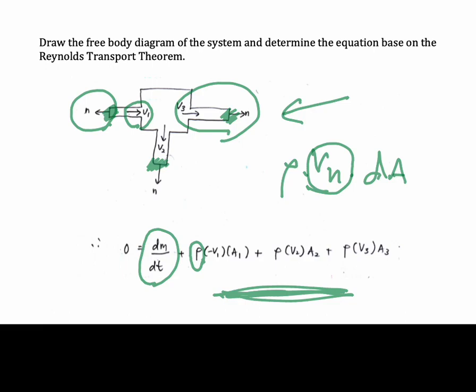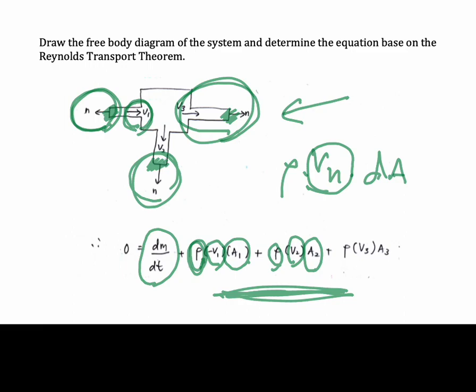So for the inlet here, we have rho. Because the V1 here is opposite to the n direction, we give negative V1, and the cross-sectional area is A1. Then for cross-sectional area number 2, we have rho, positive V2, and A2.